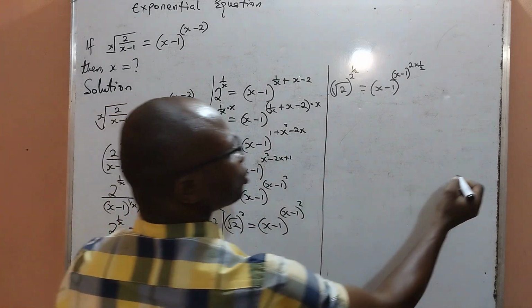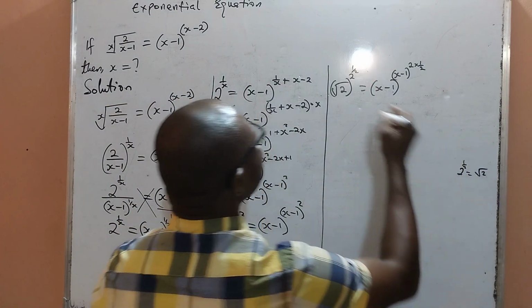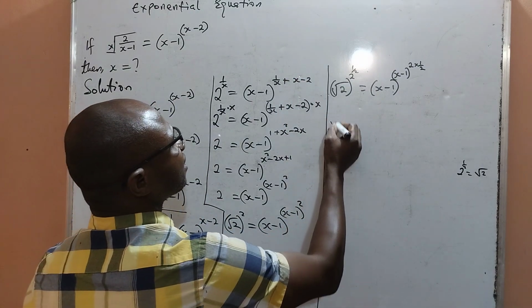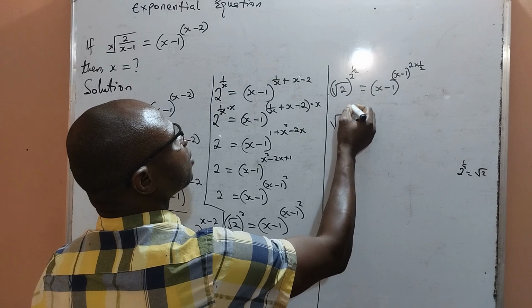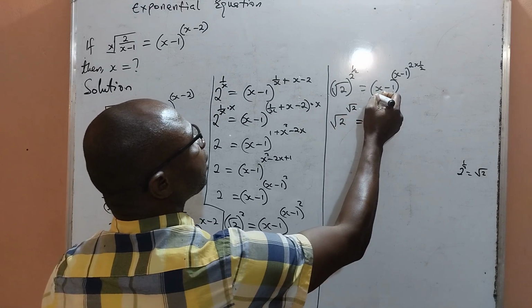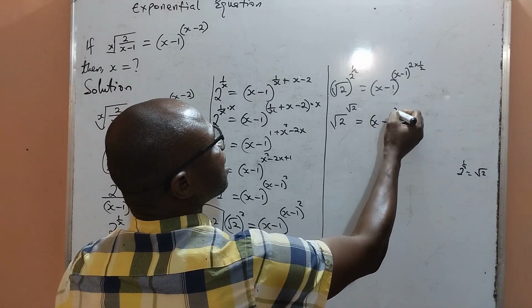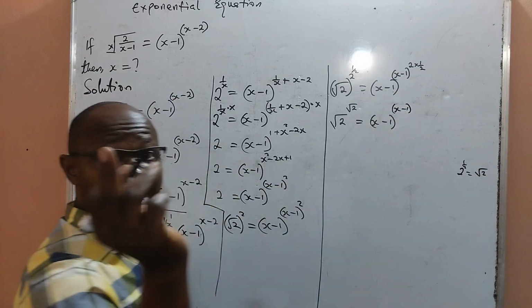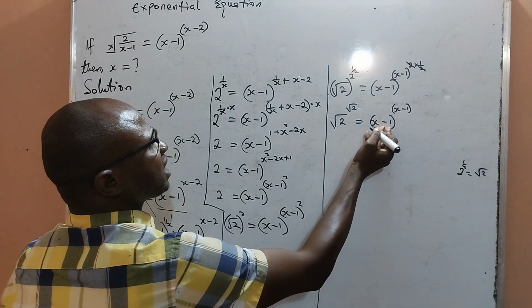But you know, 2 raised to the power half is the same as square root of 2. So I can write from the left hand side the square root of 2 raised to the power of square root of 2 again is equal to (x minus 1) raised to the power (x minus 1). You can now agree with me that this 2 will cancel out with this, leaving me with this.